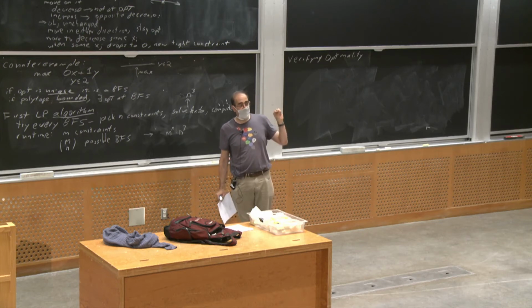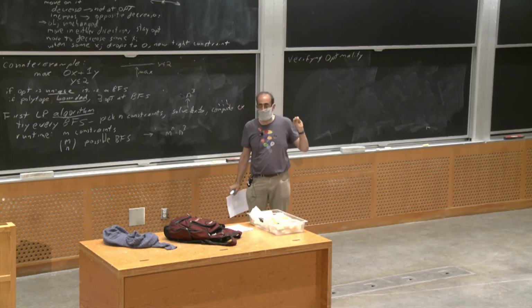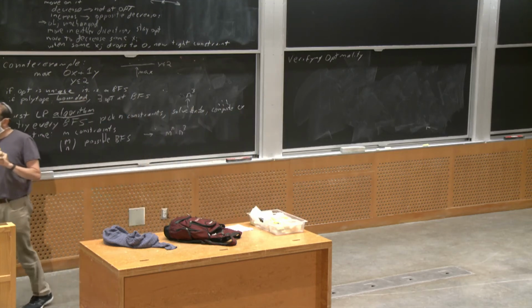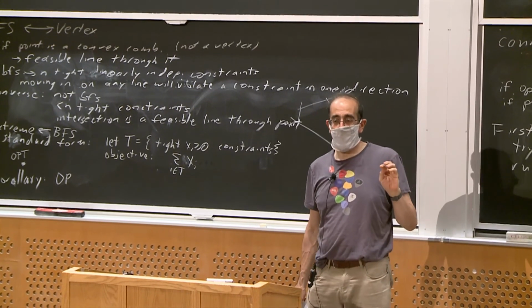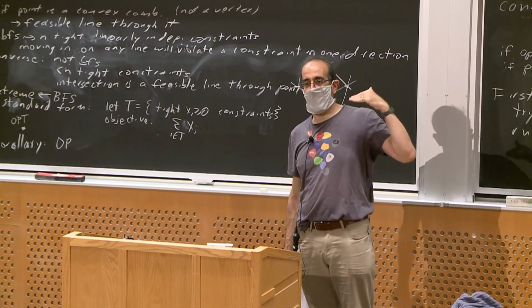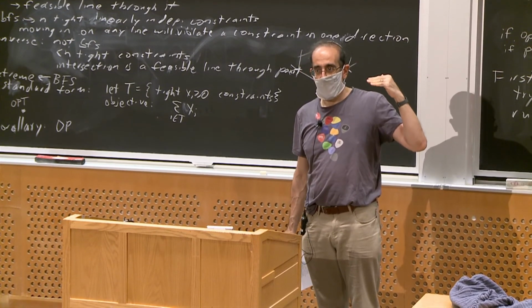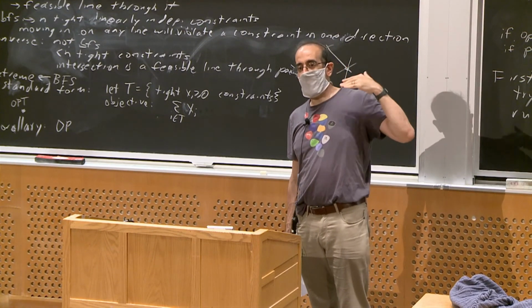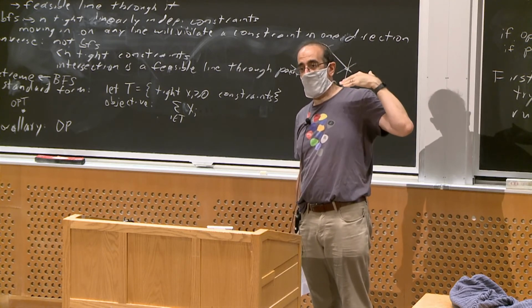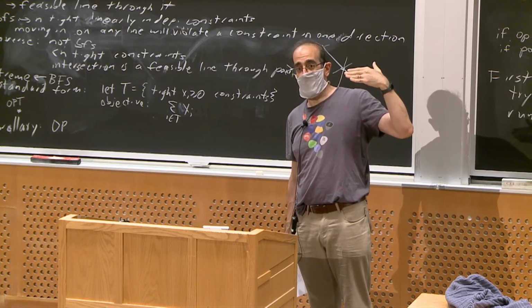You can also frame this as a decision question, okay? So I described linear programming as an optimization problem, maximize or minimize the value of the objective. You can also ask a decision question: is the value of the objective greater than so and so? And we have proven that the decision problem can be verified in polynomial time if the answer is yes.